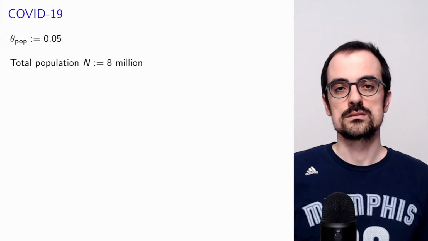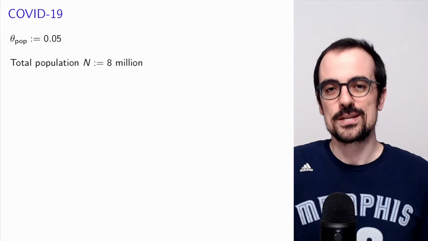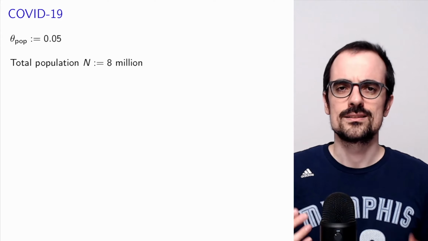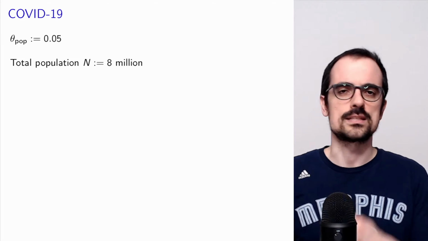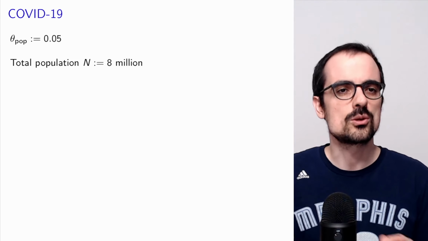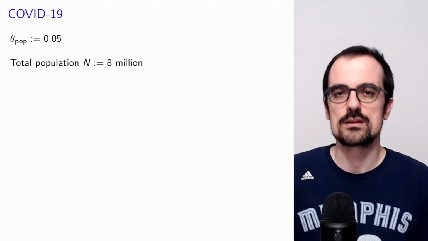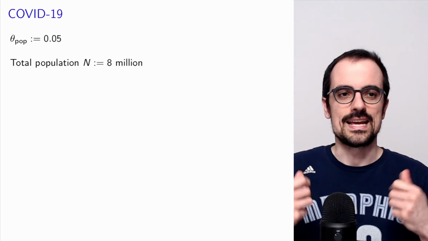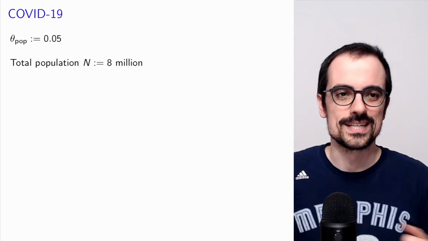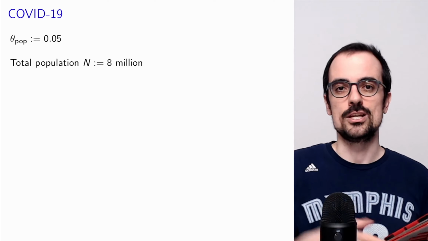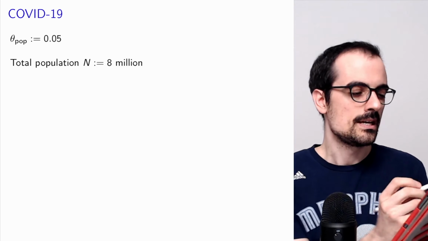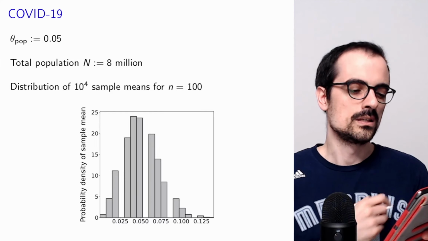Let's take a look at some computational experiments, because it's easy to get lost when you're doing these derivations and proofs that the standard error scales in some way. It's always good to take a step back and look at some numerical simulations that illustrate exactly what we're proving. So here, let's imagine that we have a population of 8 million people, like in New York City, and there is a prevalence of COVID-19 of 0.05.